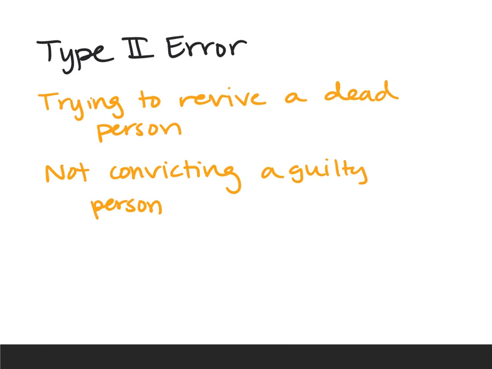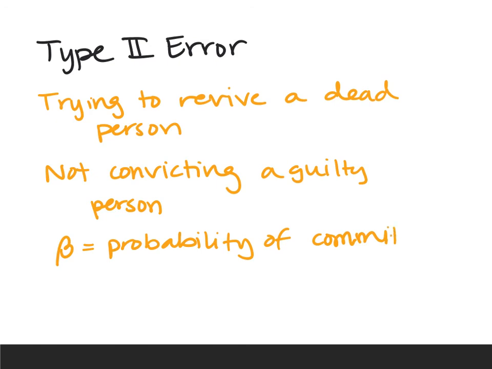So the probability of committing a type 2 error is called beta. We're not going to use it other than me telling you right now that this is beta. So beta is the probability of committing a type 2 error.